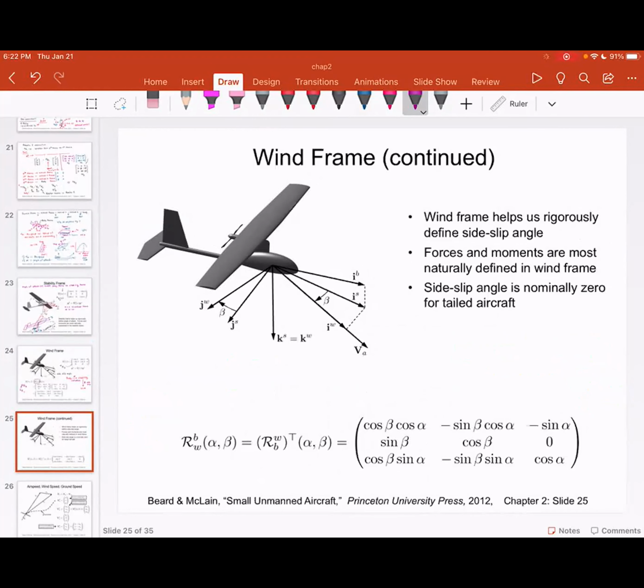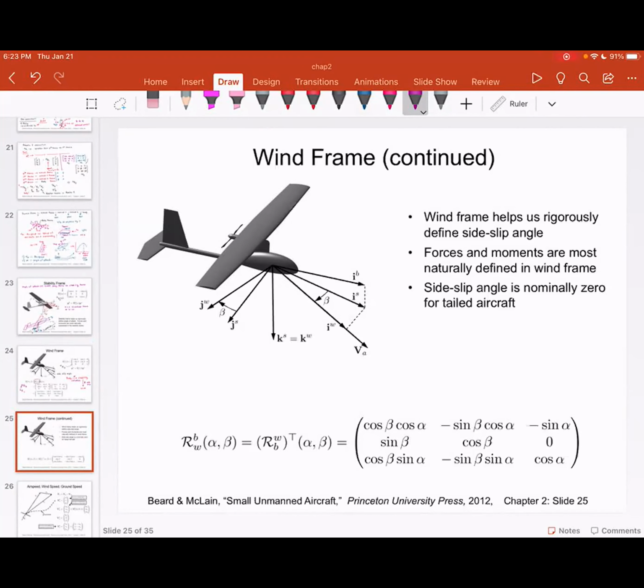If you look at the interpretation of the wind frame, please understand that most naturally, since the aircraft has non-zero air velocity or airspeed and non-zero wind speed, we derive the forces in the wind frame, and then those forces can be transferred either into the body frame or into the inertial frame.